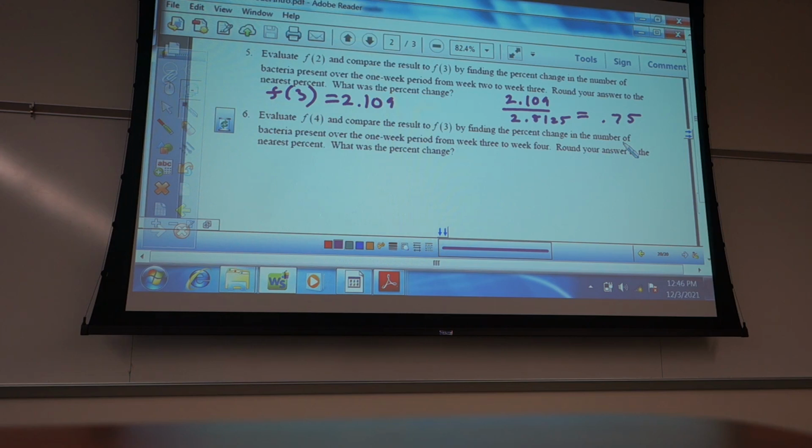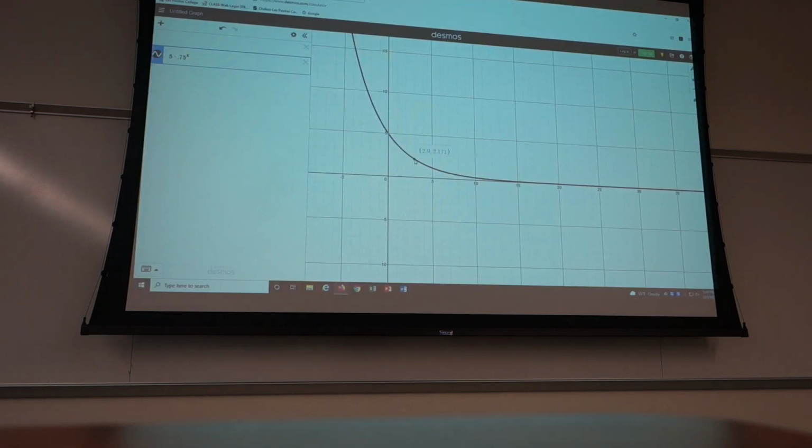All right, so then we'll take a look at the next one, which is f of 4. F of 4 is 1.582.